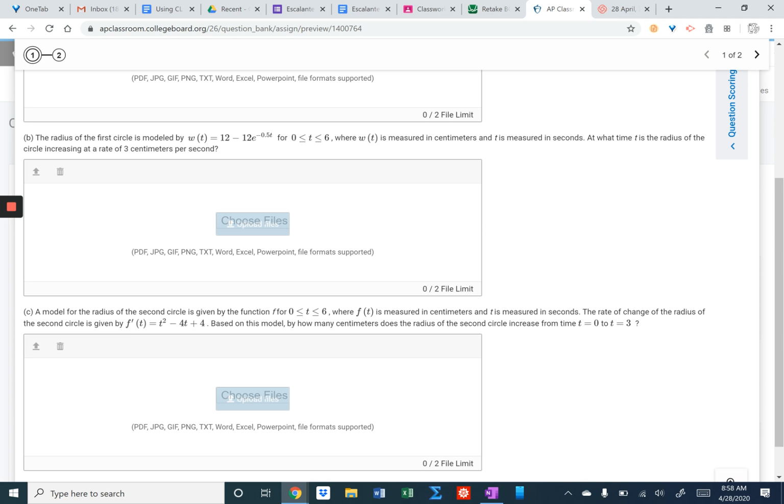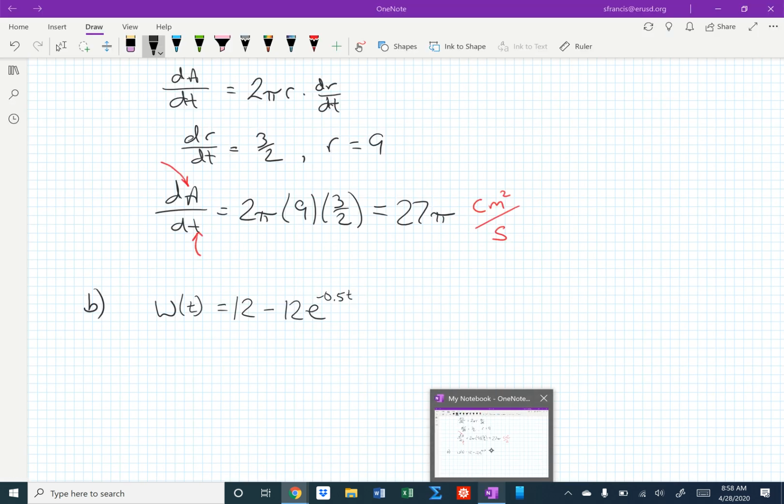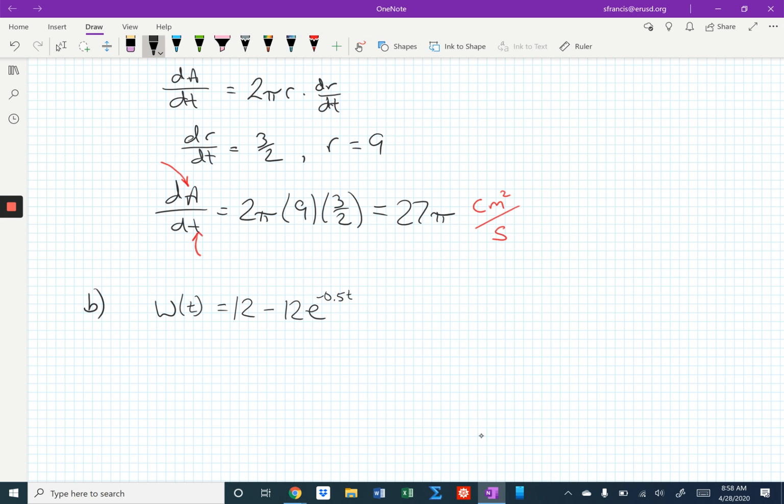So we need a rate function for the radius. We're going to have to take the derivative of w and then figure out when that's equal to 3 centimeters per second. So w prime: the derivative of 12 is 0. Constant multiple rule for this 12.